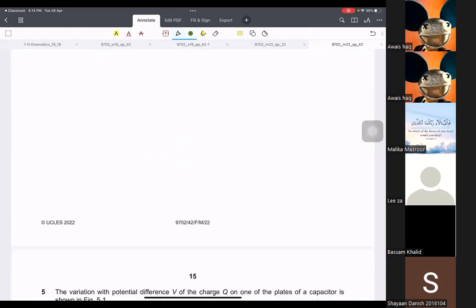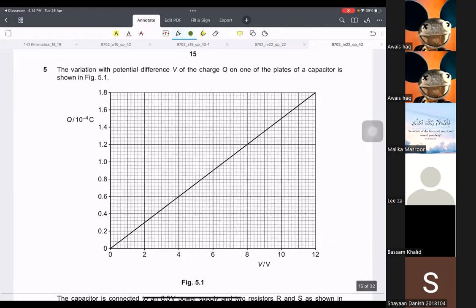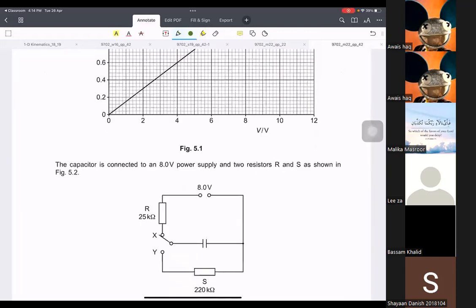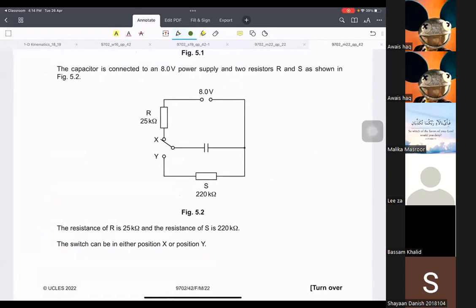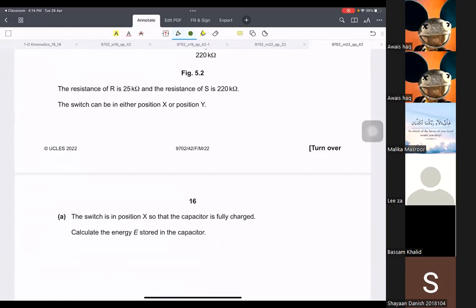Okay. Now, the variation with potential difference for a charging capacitor is shown. The resistance of R is 2.5 and resistance of S is 220. The switch can be in either position. With the switch in position X, the capacitor is charged.